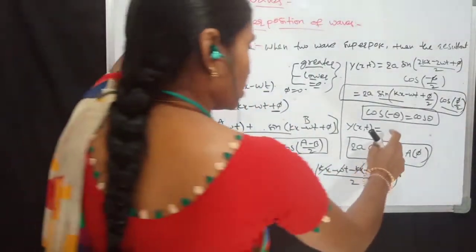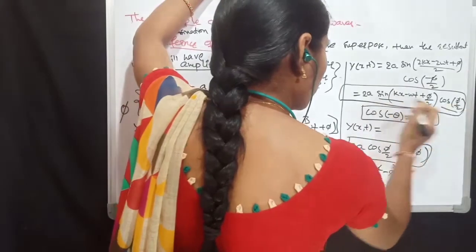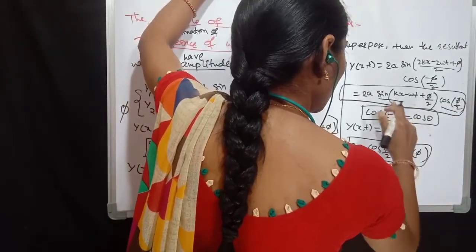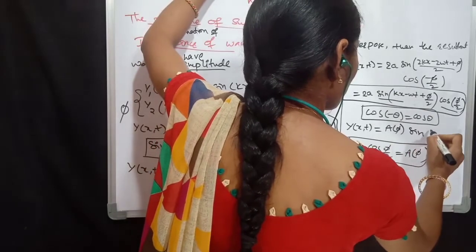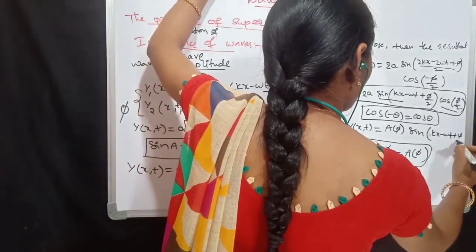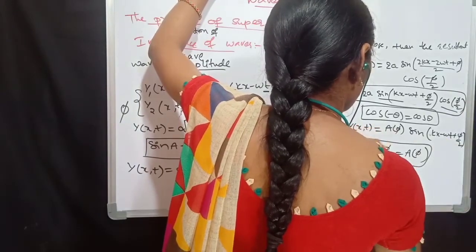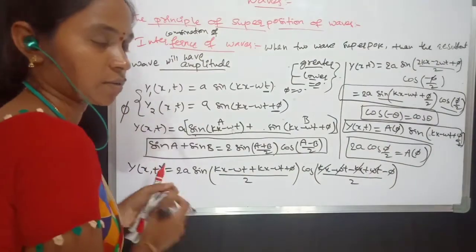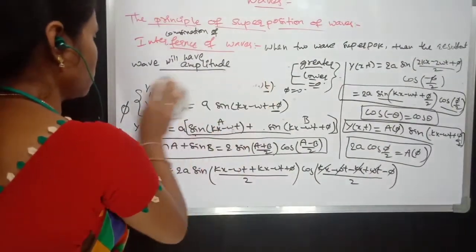Now substituting in this equation, this 2a cos pi by 2 is A of phi, into sine of kx minus omega t plus pi by 2. This is the resultant displacement wave equation.